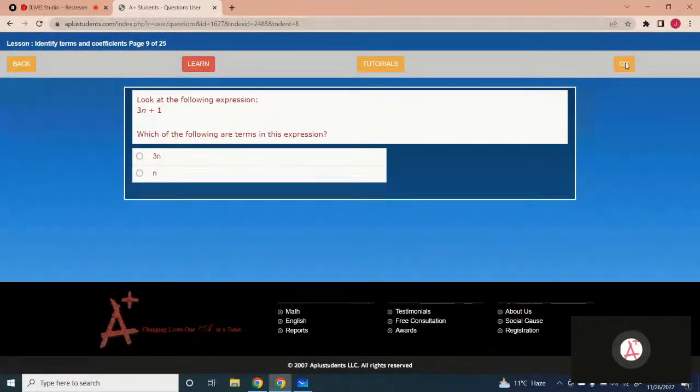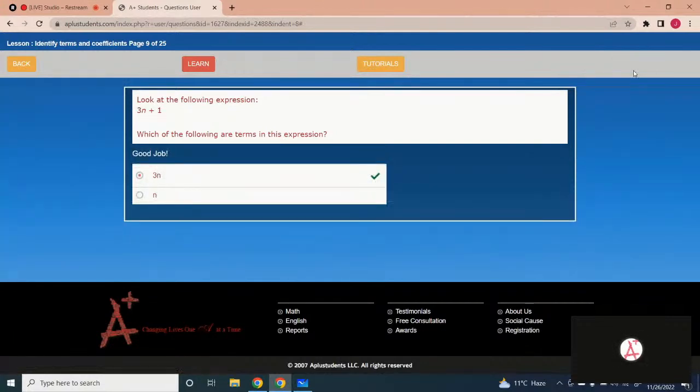So look at the following expression: 3n plus 1. Which are the terms? You don't have any such term, and here you have 3n. So it would be 3n. So select the correct option and click on the OK button.